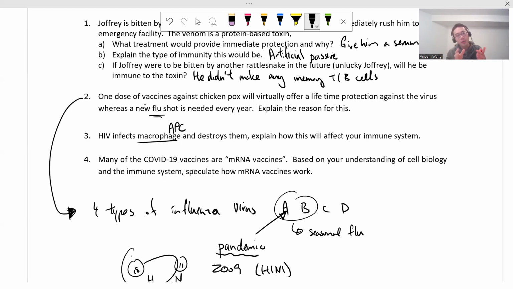They are the ones that are able to select the naive T cells, which ultimately will lead to the selection of the naive B cells and then making the antibodies, right? So if they infect the macrophage, you're missing the link between innate and adaptive immunity. Without adaptive immunity, you essentially lose your immune system, right?